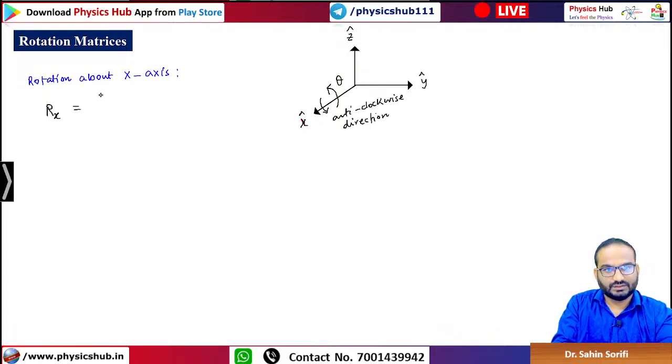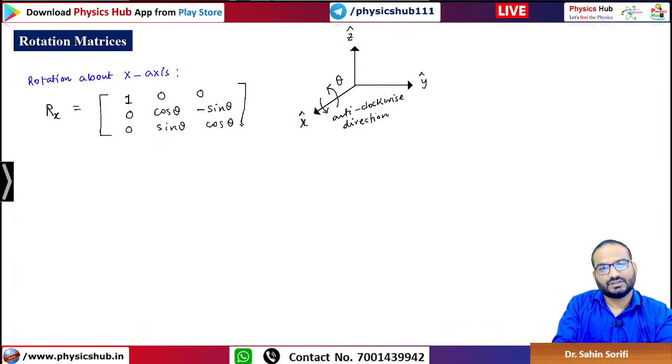You already know the value. The matrix will be 1, 0, 0, 0, cos theta, minus sin theta, then 0, sin theta, cos theta. So if you rotate about the x-axis by some angle theta in the anti-clockwise direction, you get this formula.